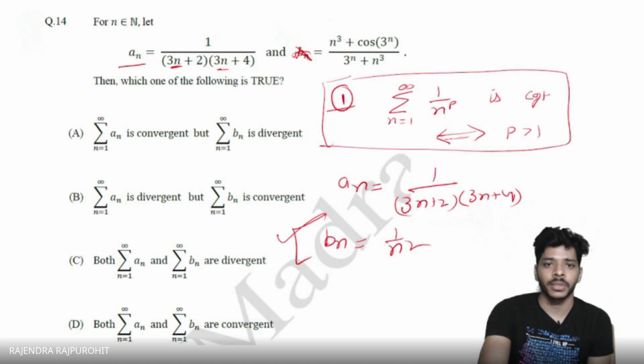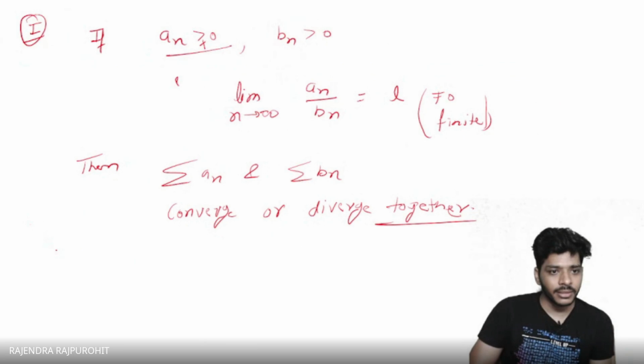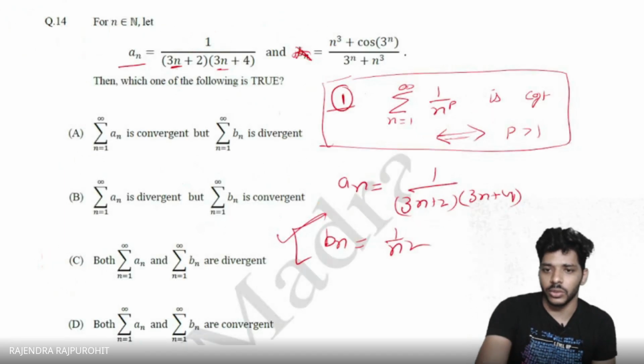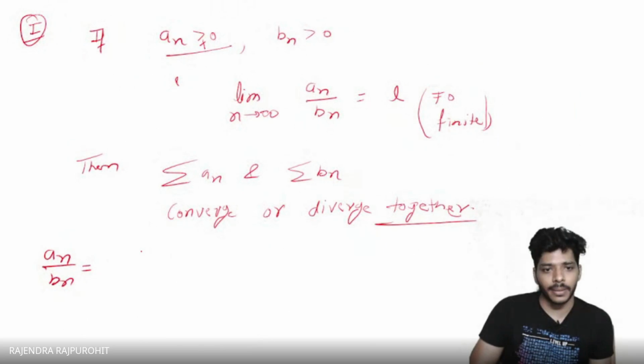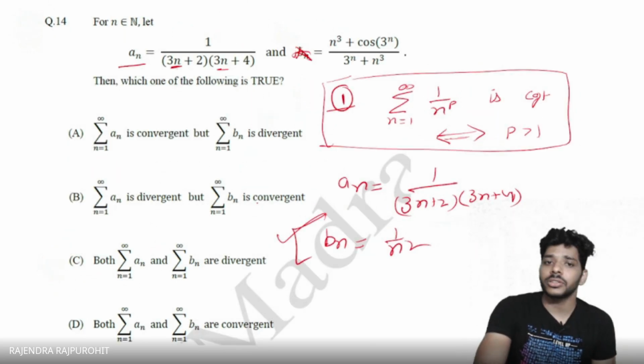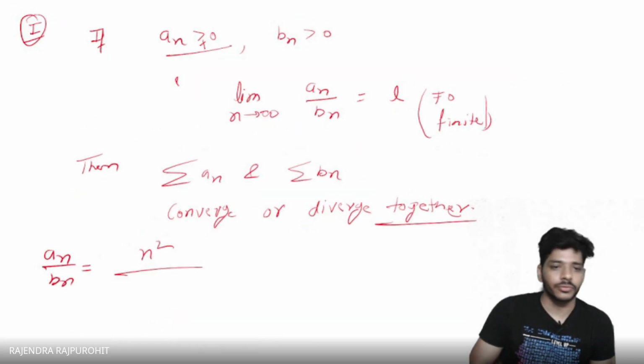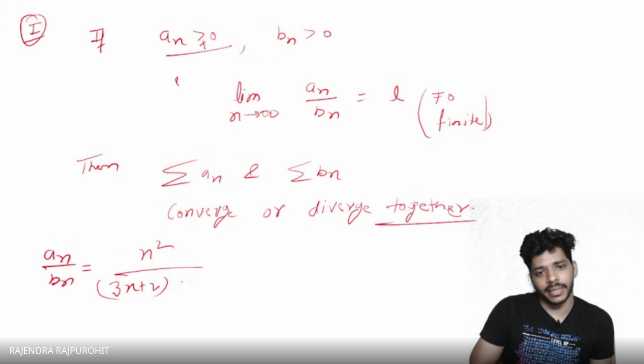Now I'll look for the limit of a_n upon b_n. Let's see what I am getting. If I do a_n upon b_n, it will go into reverse. I'll get n square upon (3n plus 2)(3n plus 4).